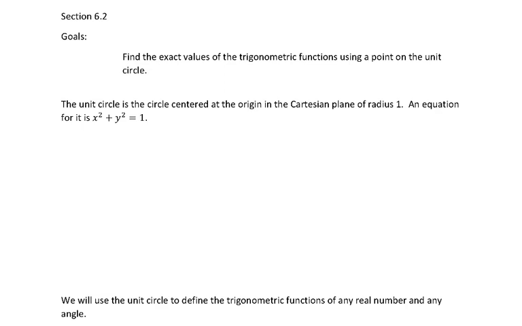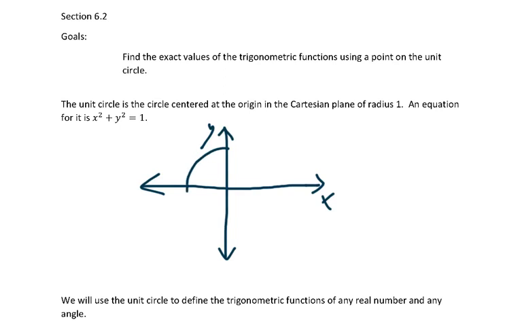And we're going to have to use, as you can see here in the notes, the unit circle. Now, what is the unit circle? Well, as it says right here, that's the circle in the Cartesian plane, the xy plane that is, whose center is the origin, and the radius of it is going to be 1.